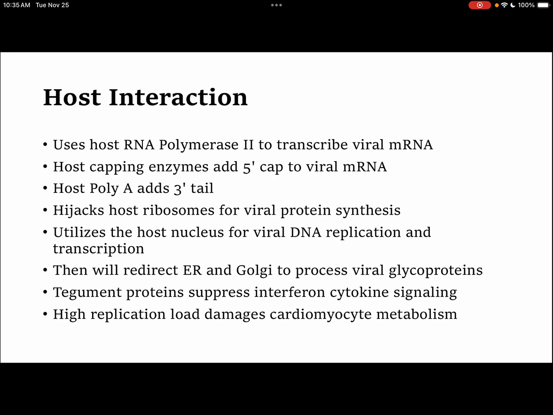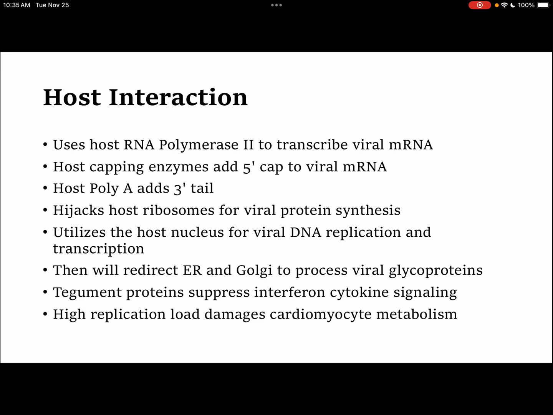And then moving on, we have the host interaction, highlighting the key points that CMV1 will rely on: the host's own machinery. As I mentioned before, CMV1 will use the host RNA polymerase to transcribe its viral mRNA. Those transcripts will receive a 5' cap and a 3' poly A tail using the host capping and polyadenylation enzymes, just like normal host mRNA.